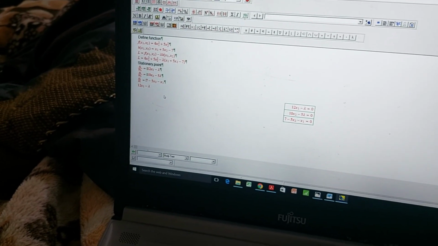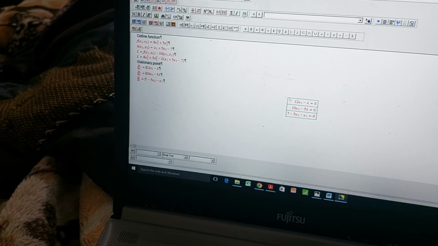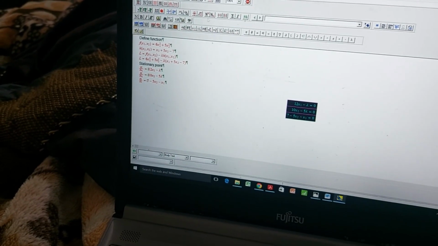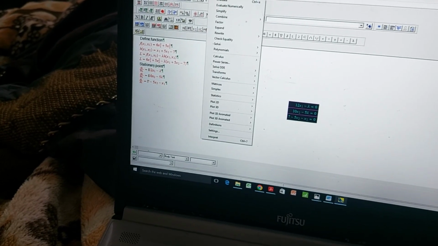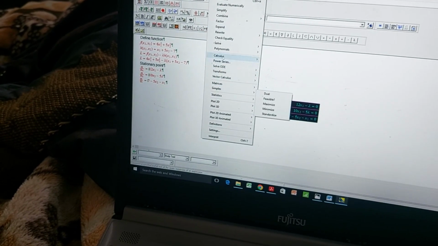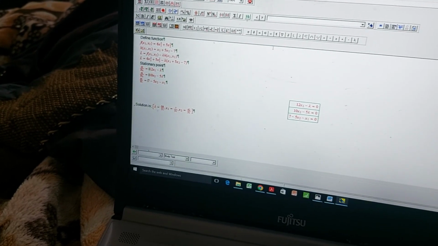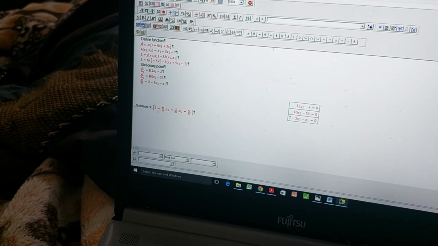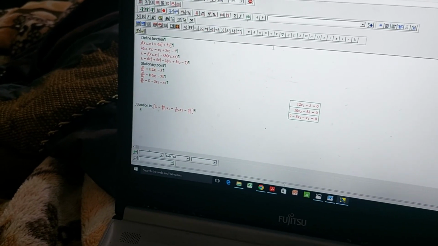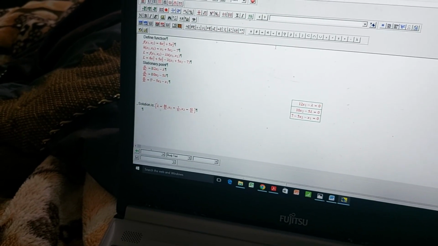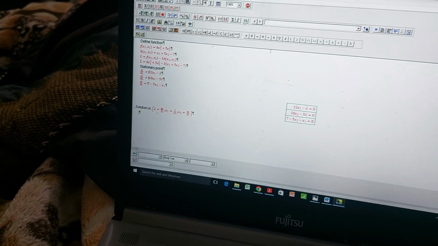Now we have these three equations. So go to Compute, select it, and solve for the exact values of lambda, x1 and x2. These are the values that we get for lambda, x1 and x2. So now we have the stationary points.